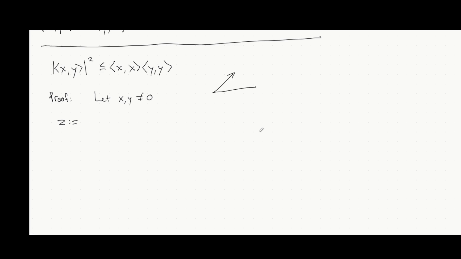So if we have two vectors, x and y, and we project x onto y, this is the projection of x onto y, we'll call that z.